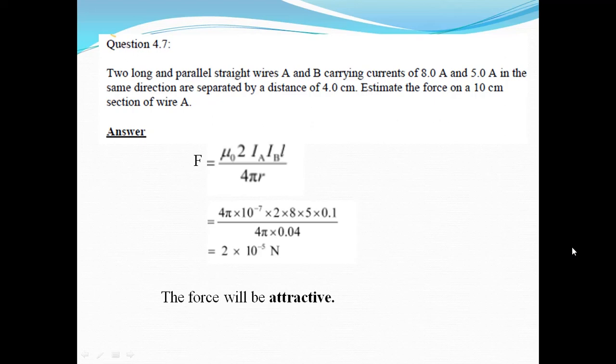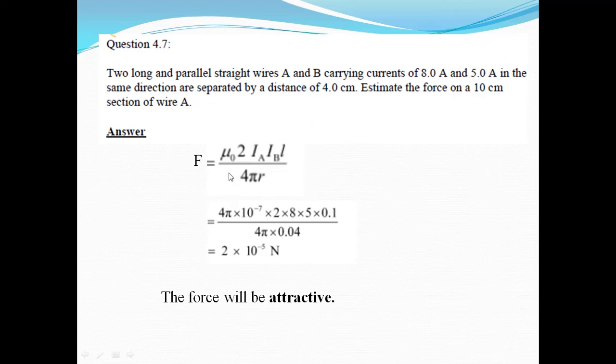Estimate the force on a 10 centimeter section of wire A. Now here also the formula is direct. F equal to mu 0 Ia Ib into L by 2 pi r. So for ease of calculation, we are bringing the denominator as 4 pi, and here you are multiplying it with a 2, so that this 4 pi and this 4 pi will cancel on its own.